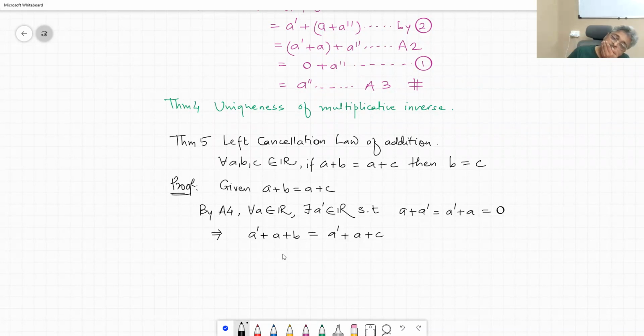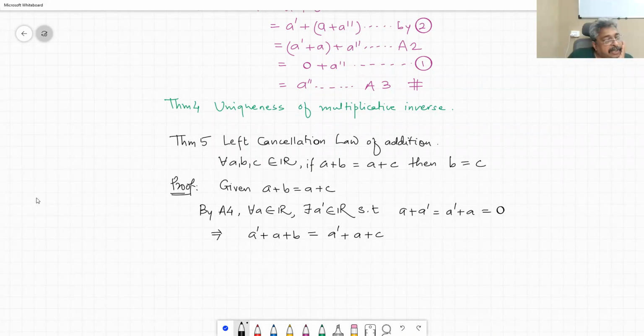Who will support this particular argument, that I can add the same number to both sides of equality?